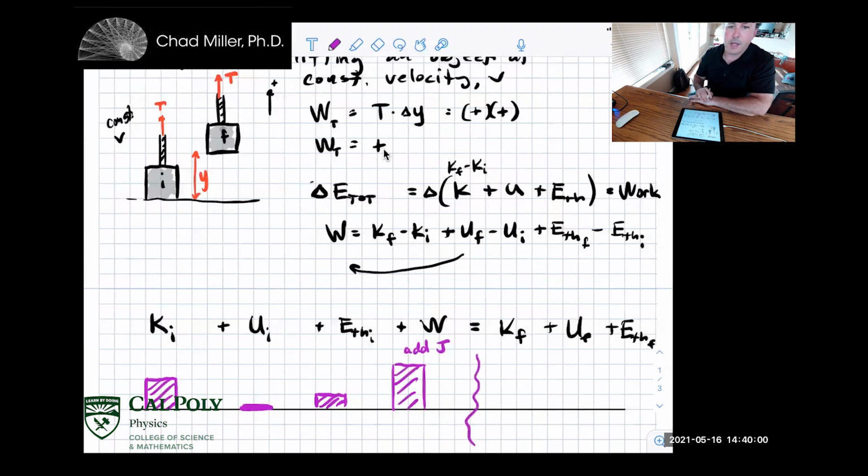All right, on the other side, the final kinetic energy has to be equal to the initial kinetic energy because it was constant velocity. So I still have 2 boxes of kinetic. I lifted it up higher, so I'm going to have more potential energy, but how much more? Let's skip that for a second and think about thermal energy.